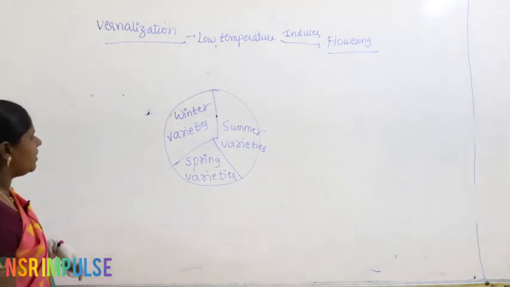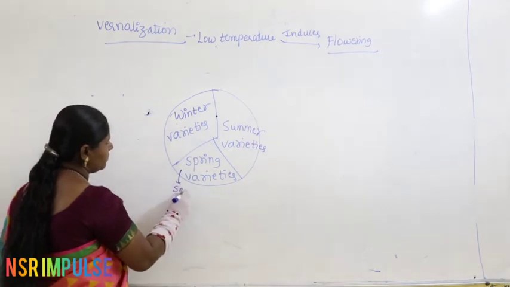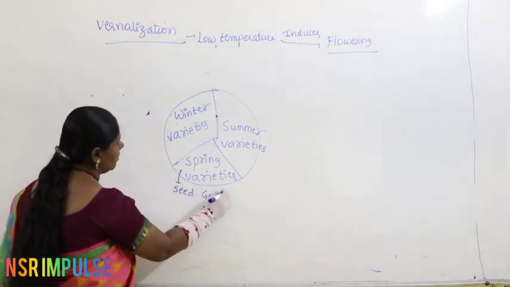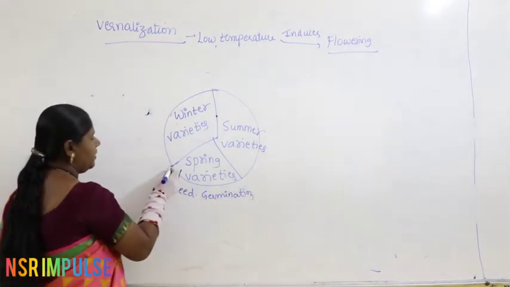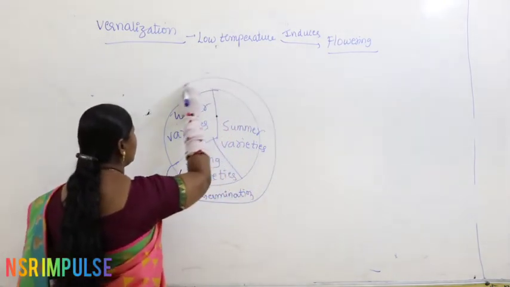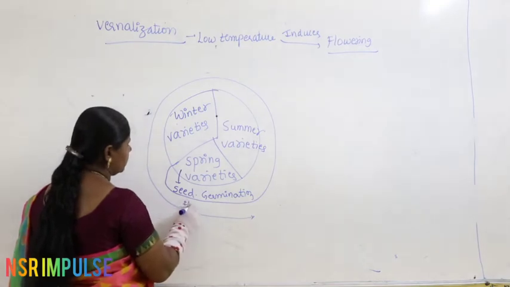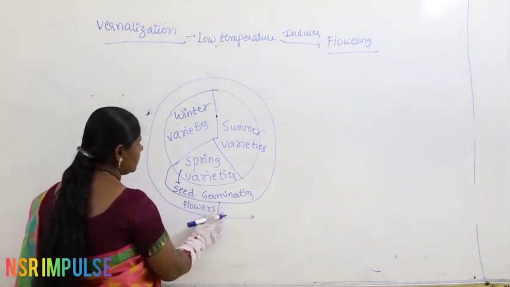So for example, spring varieties. Now you kept the seed here. The seed will undergo germination. Then when you plant them, by the end of growing season, they give flowers.